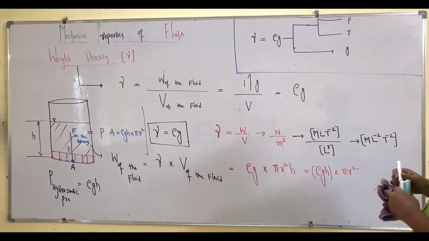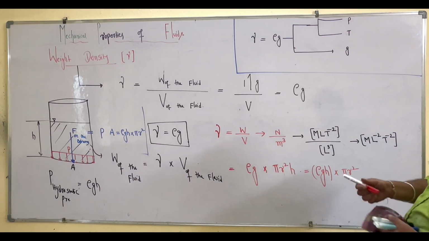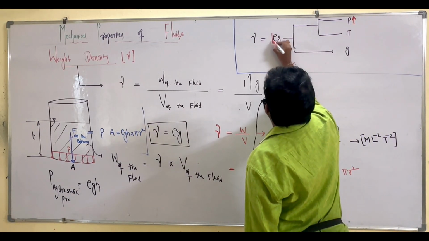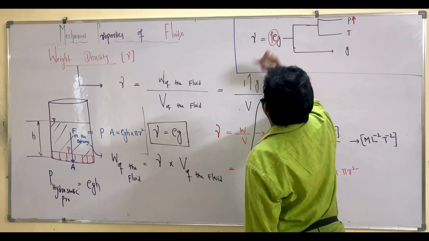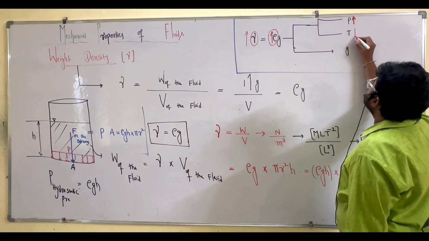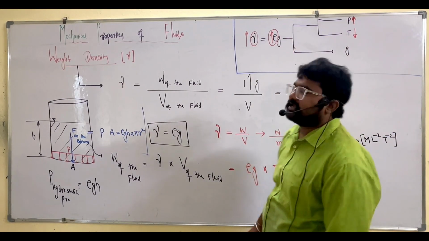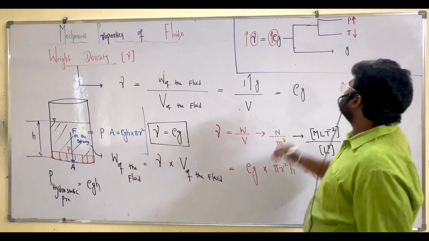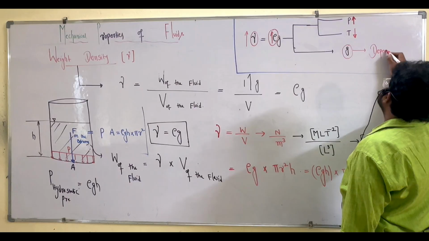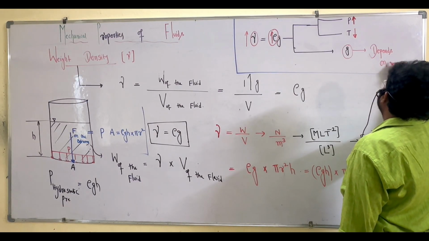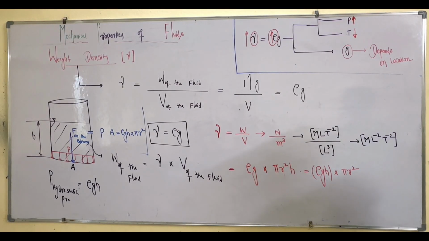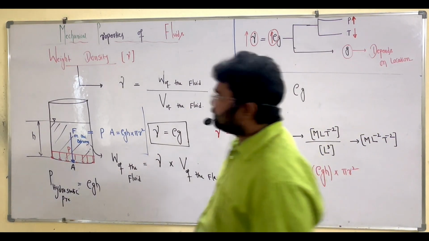By increasing the pressure, density increases, and gamma also increases. By decreasing the temperature, density increases, gamma increases. It depends on location. Are you clear? Understood?